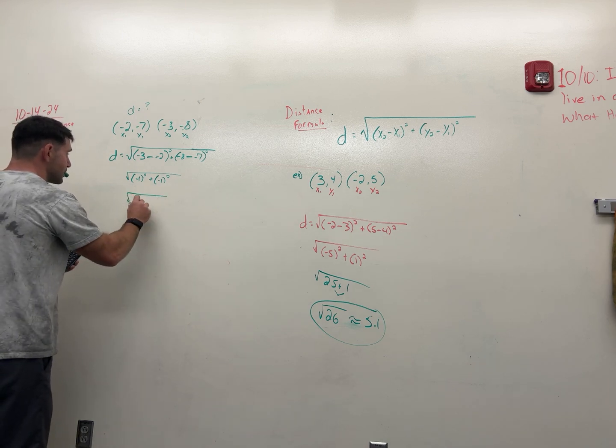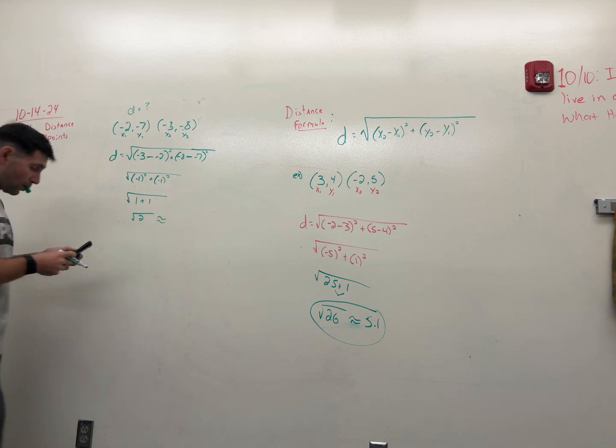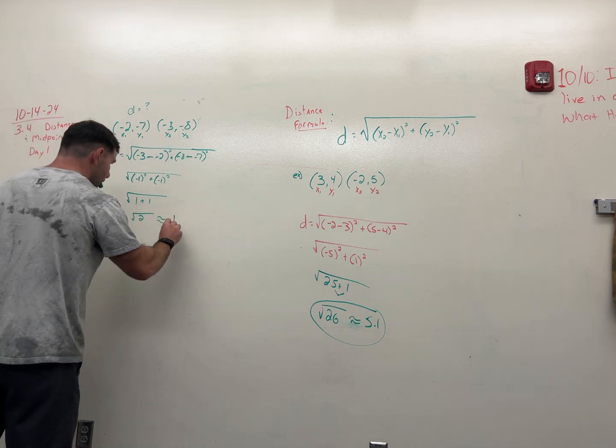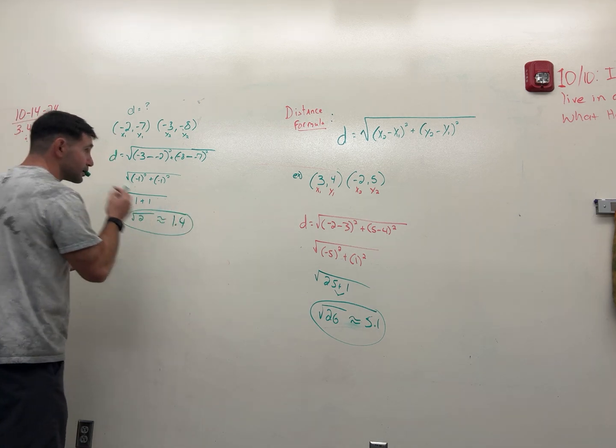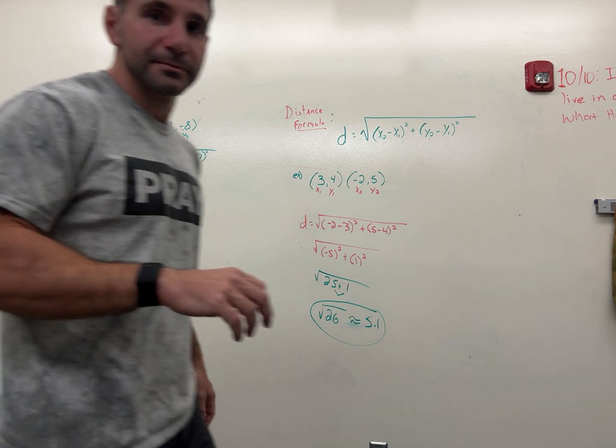So now I have +1 plus 1, which is the square root of 2. When you do the square root of 2, it gives you approximately 1 4/10. That is the distance formula. Okay? I'm going to give you a second to copy that down.